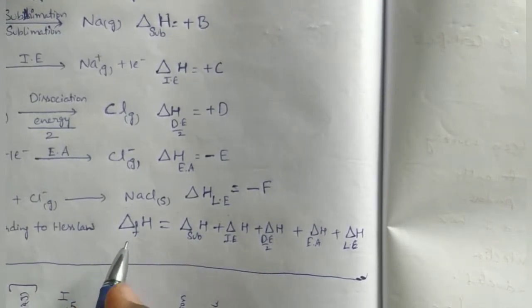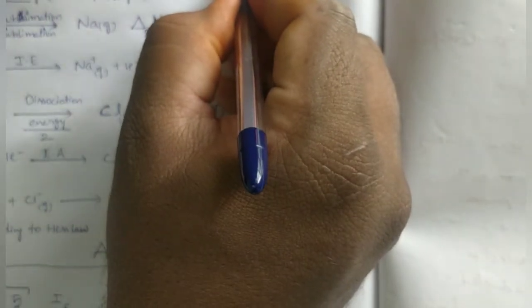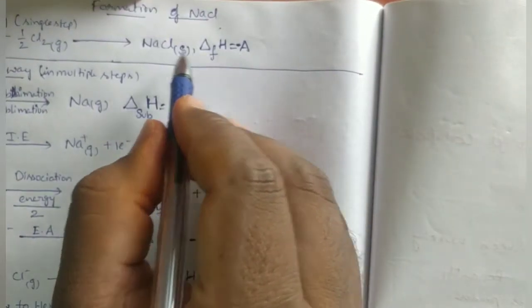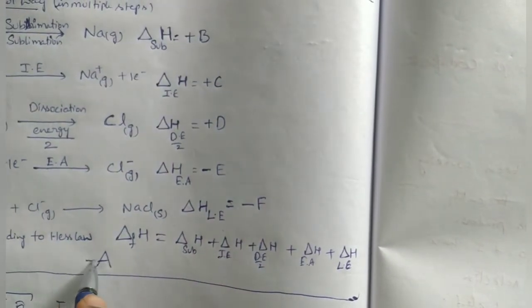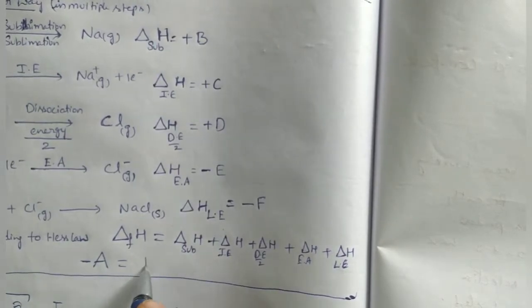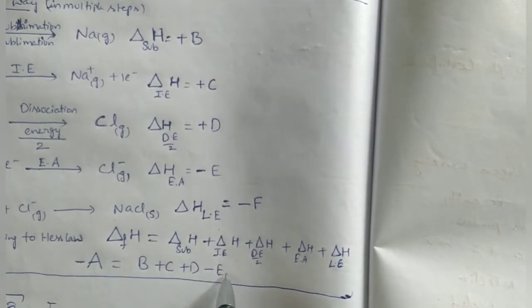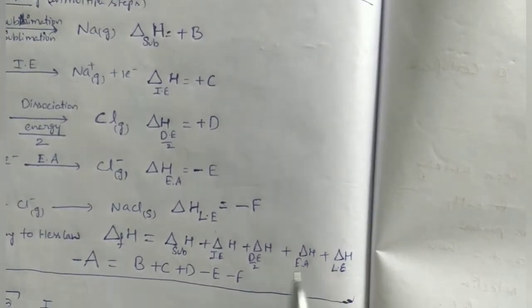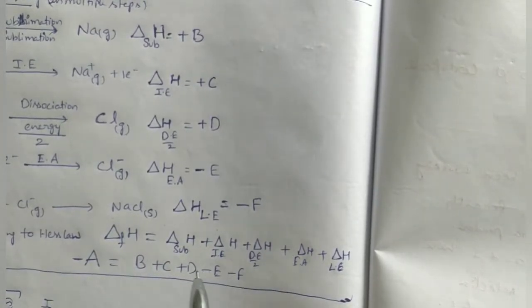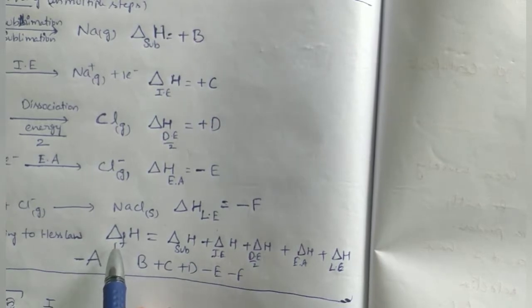Then energy involved in single step, I wrote it as capital A. I think that is negative charge. Energy will be released in the standard state of formation. So minus A is equal to B plus C plus D minus E minus F. Okay, I wrote F as lattice enthalpy, E as electron affinity, D as dissociation energy by 2, C as ionization energy, B as sublimation energy, A as delta H of formation.